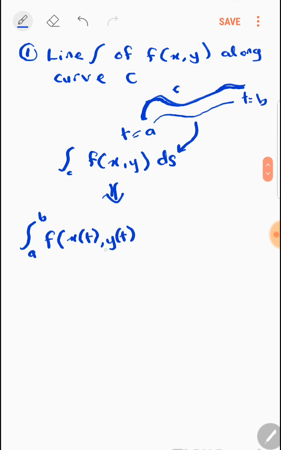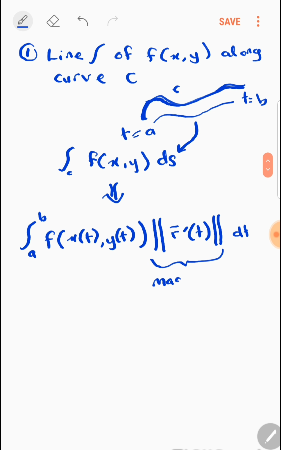Remember that we would have parameterized the equation of the curve already. That's why you see it in this form here, and then multiplied by the magnitude of r bar prime, dt. So everything has been changed into its variable t, and this just indicates the magnitude.